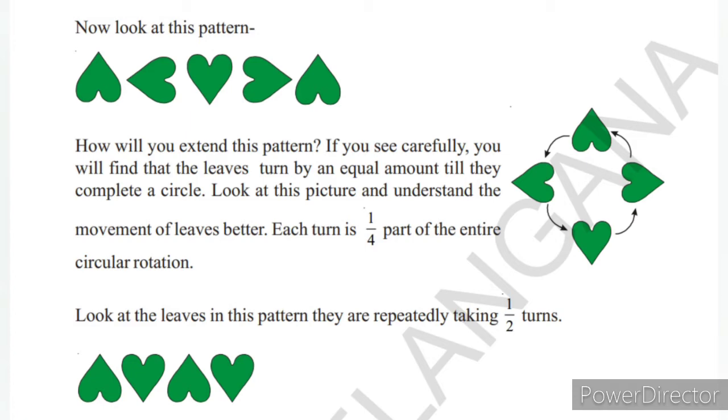Look at the leaves in this pattern, they are repeatedly taking half turns. You can see one leaf has its edges upside, and the next leaf has its edges downside, like that. Repeatedly they are taking half turns. Now carry forward this pattern and identify the turn that is being taken.